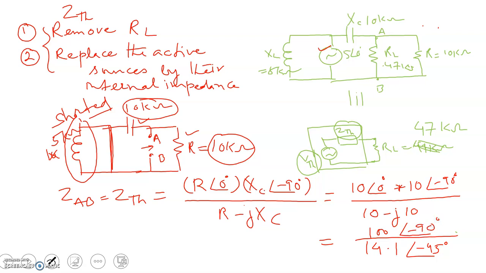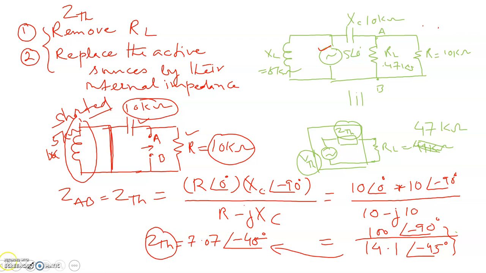So finally this will lead to ZTH equal to 7.07 and angle is minus 45 degrees. So minus 90 and plus 45, minus 45 degrees. So this is the calculation for ZTH.